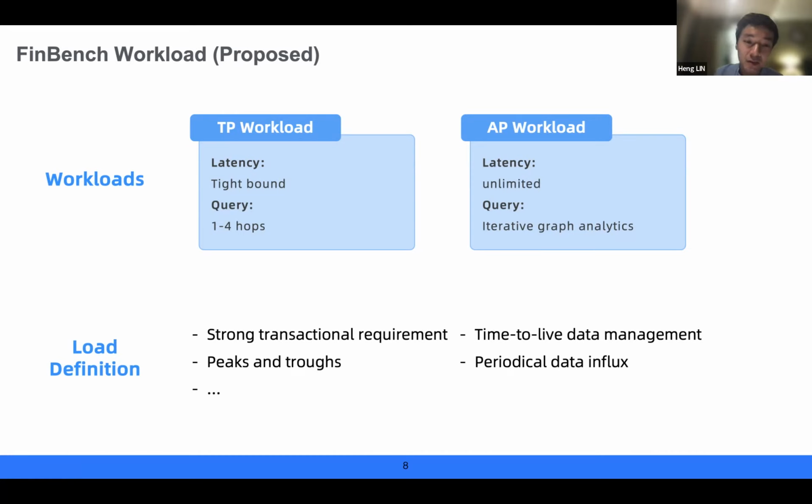So hops will not be unlimited, like 10 or 20 hops, and it will complete maybe within 20 milliseconds. It would have a tight bound. Okay, I was just curious if there's a bias here toward short queries. That was my question. But thanks for the answer.